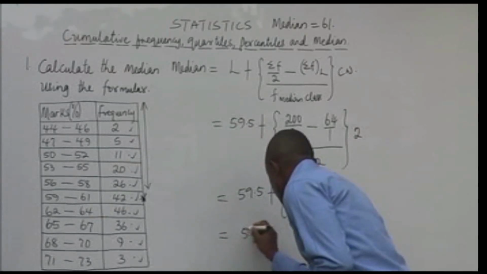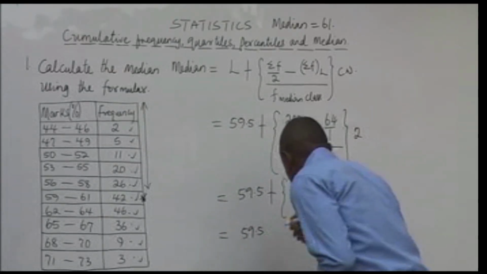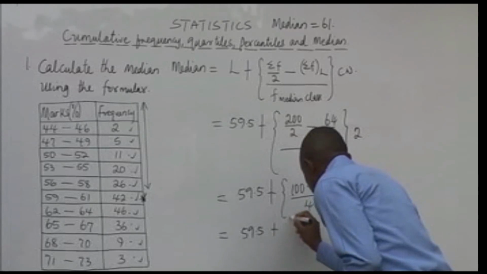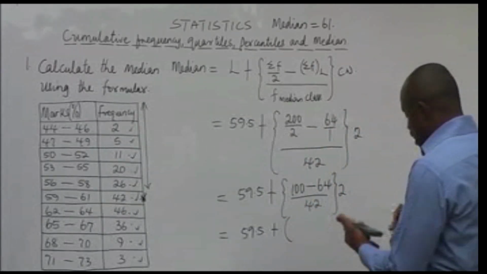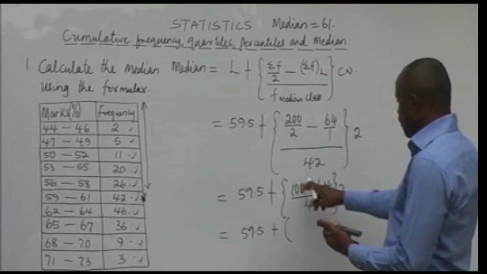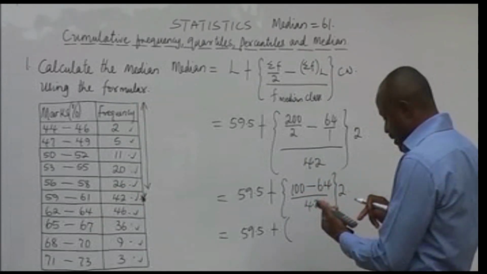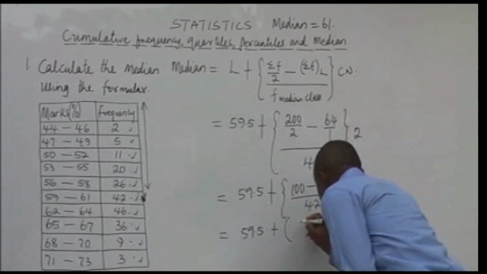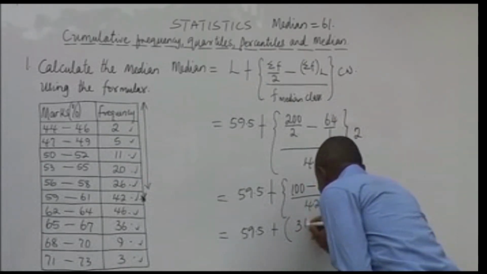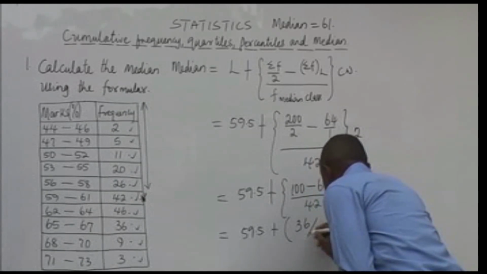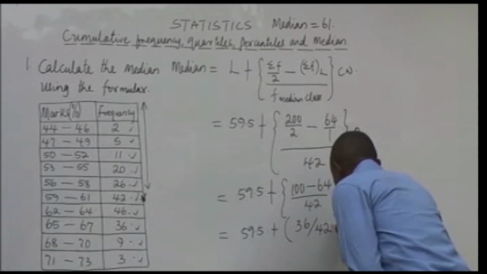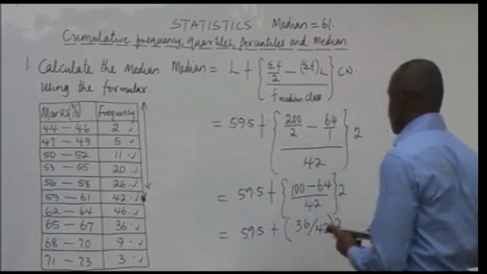So we have 59.5 plus, let's open one bracket now, or a smaller bracket. If you remove 64 from 100, 100 minus 64 will give you 36. So we have inside the bracket 36 divided by 42. So whatever we have times 2.